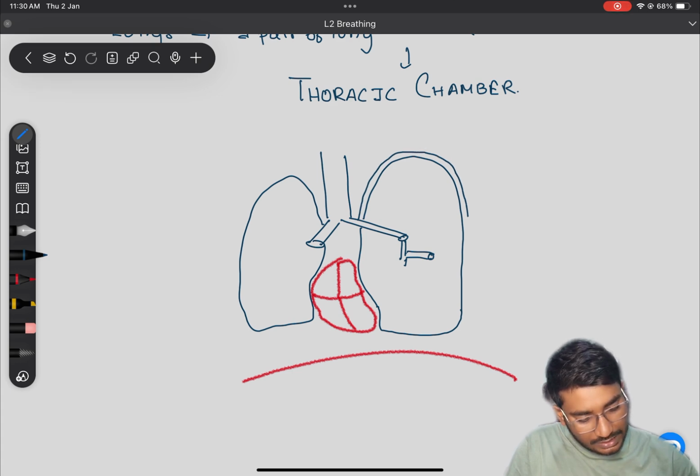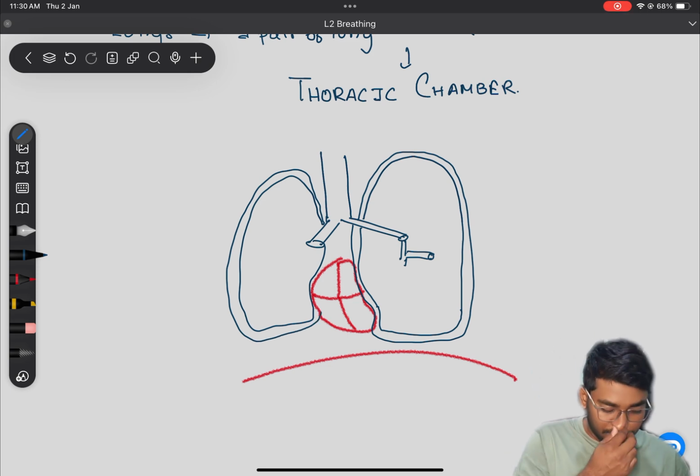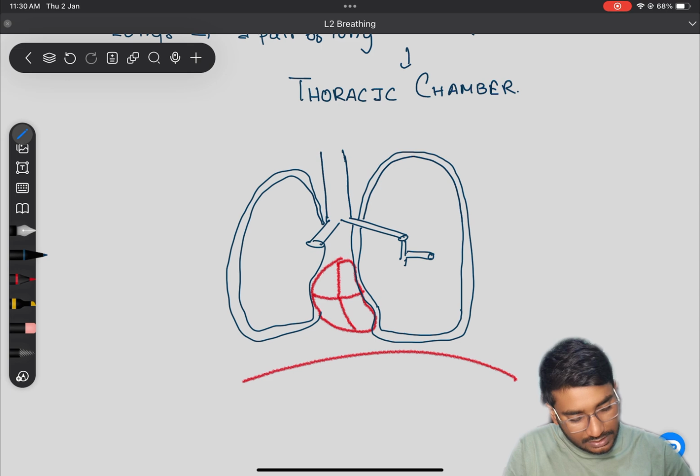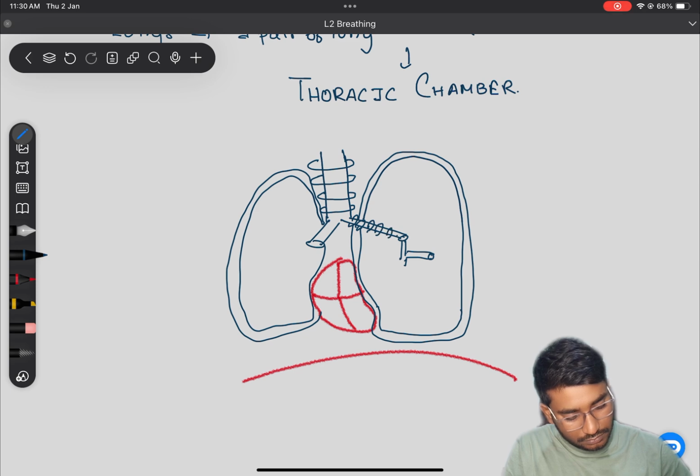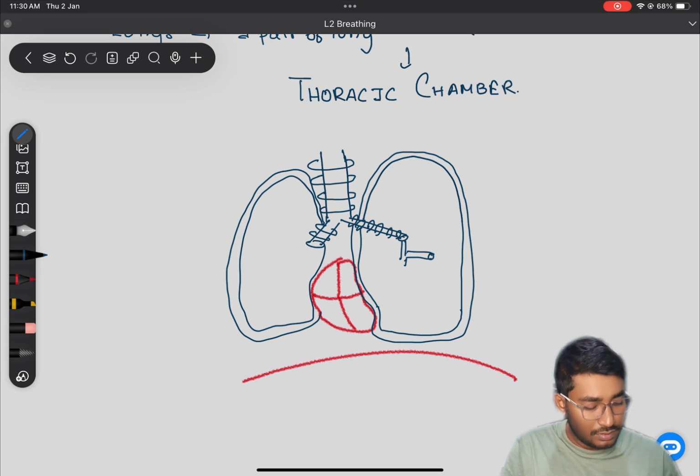The covering of the lungs is called pleura. Now these are the cartilages.